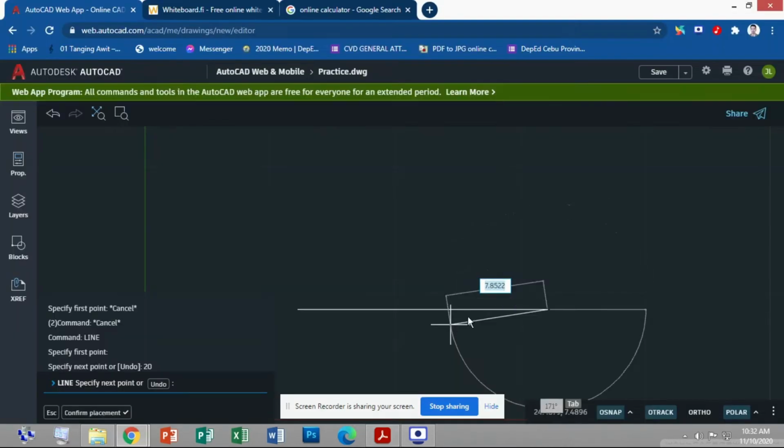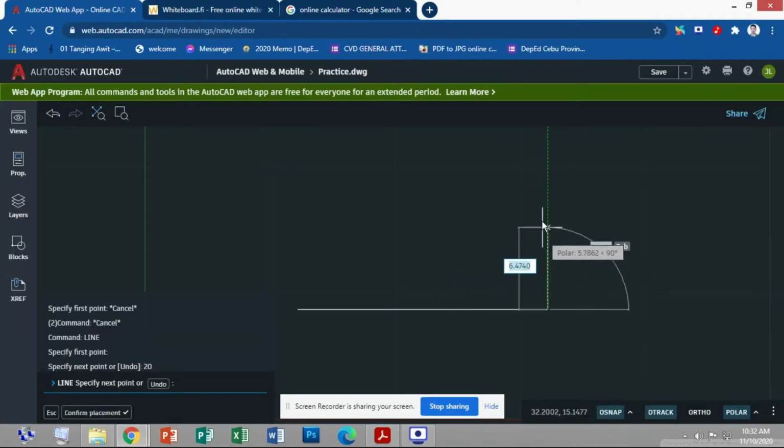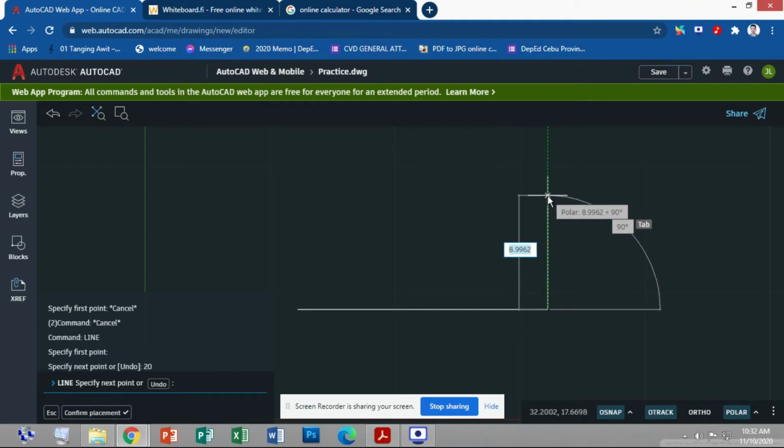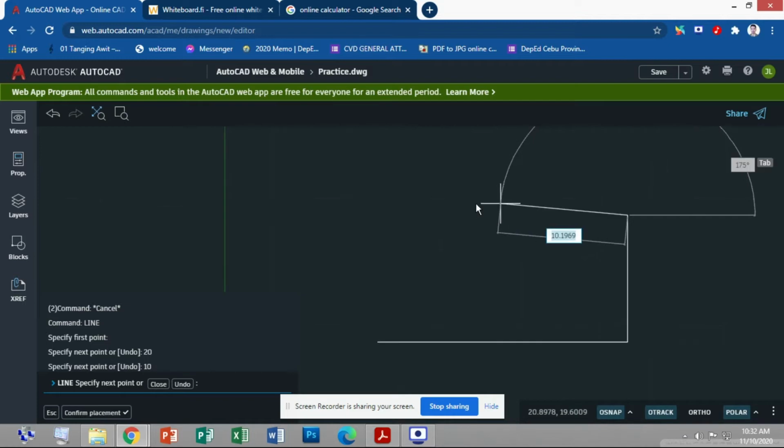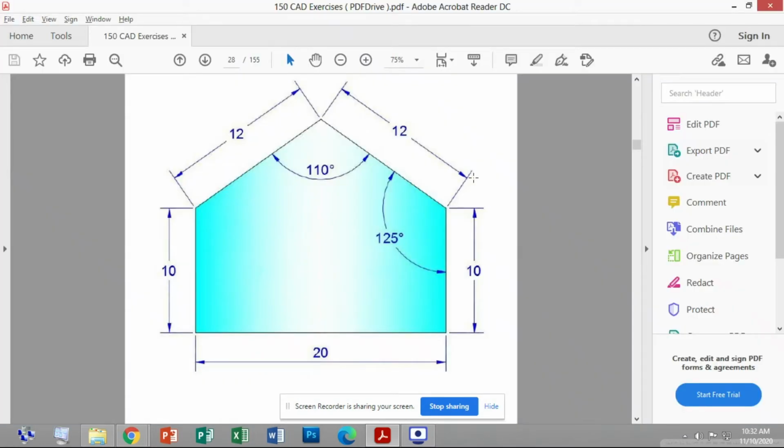So let's draw. So alam din natin na perpendicular or perfectly vertical yung line kasi meron din tayong guide. Okay. Now, we will put 10 units.